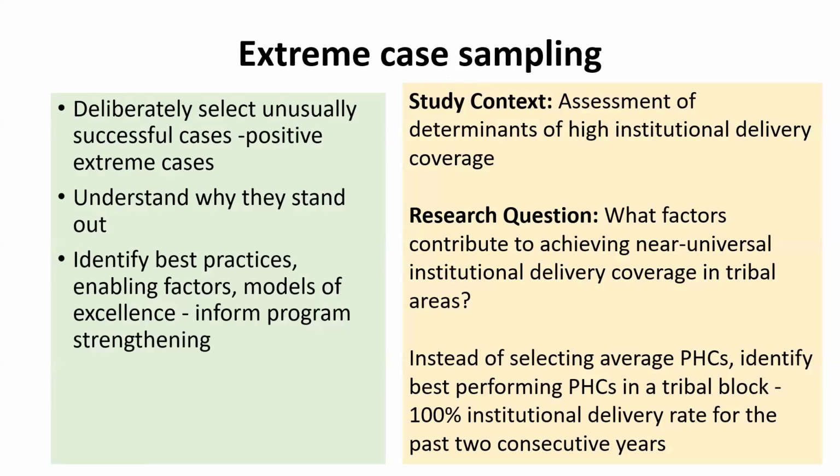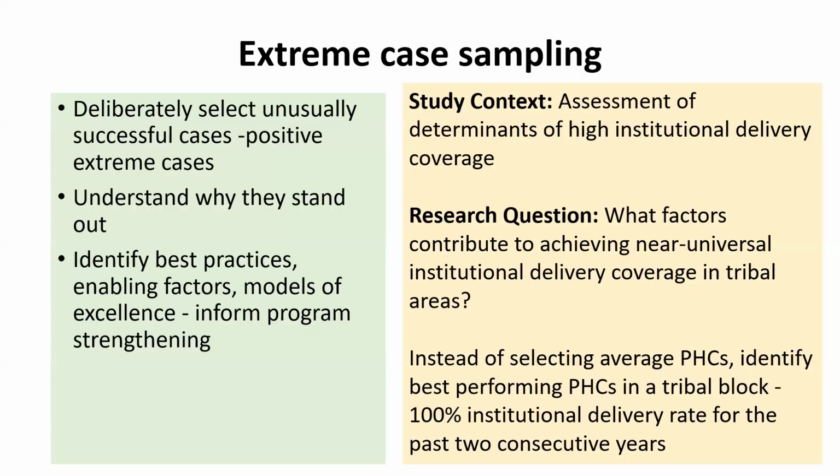So when you use this kind of sampling technique, your objective is essentially to identify the best practices or the facilitators and the enabling factors or some models of excellence which you want to report, and identify the reasons why they have been able to gain the excellent stature.